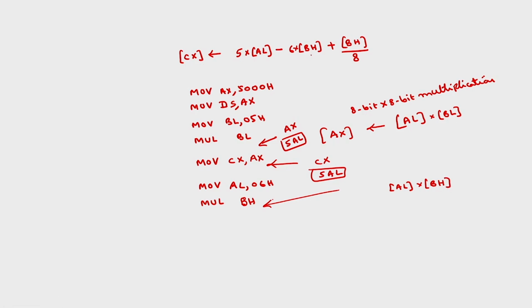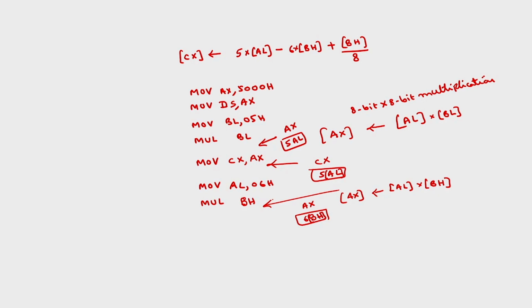Whatever data is available in BH will be taken, and the contents of AL is 6. This will store the result in AX. So after this operation the contents of AX is 6 into BH. 5AL is present in the CX register and 6 into BH is present in the AX register.